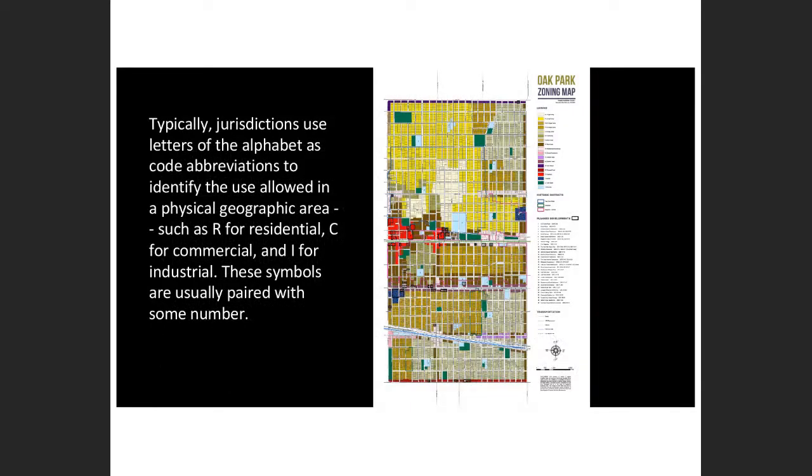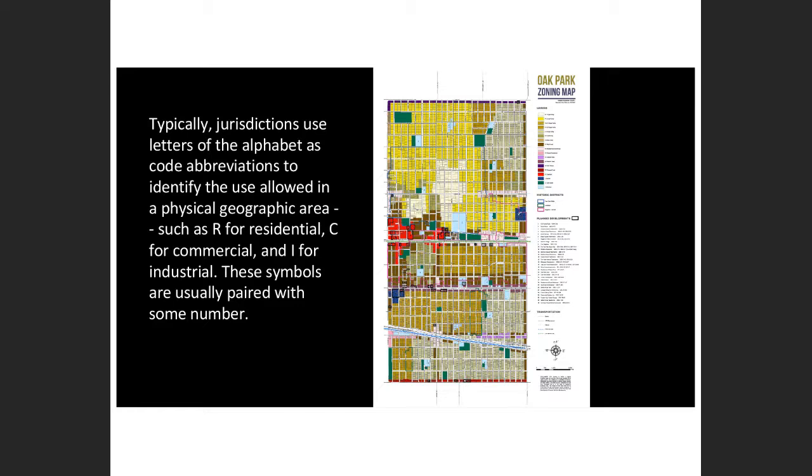So when I say jurisdiction, I mean a town or a village or a city, right? You'll see a lot of things from me that say Oak Park because I live in the village of Oak Park. So the village that I live in has a zoning map, and I'll try to blow it up a little bit on the next slide.